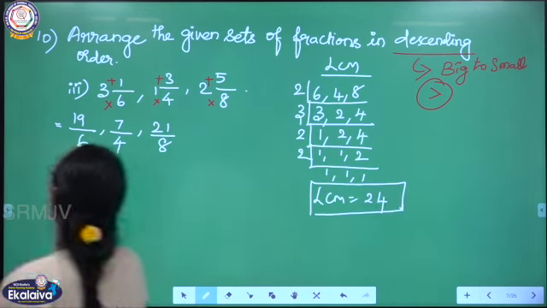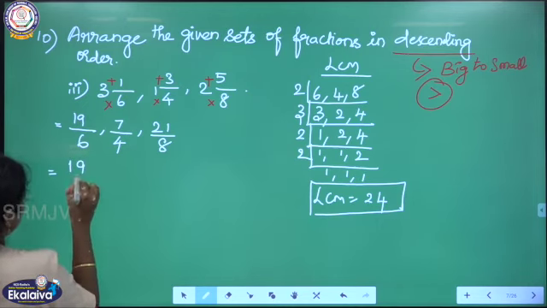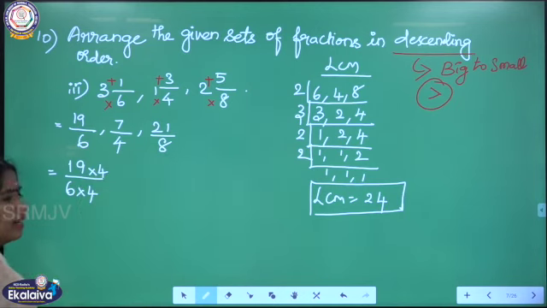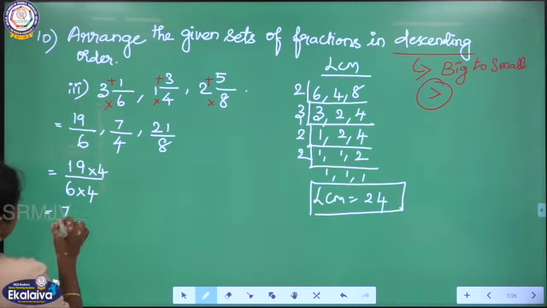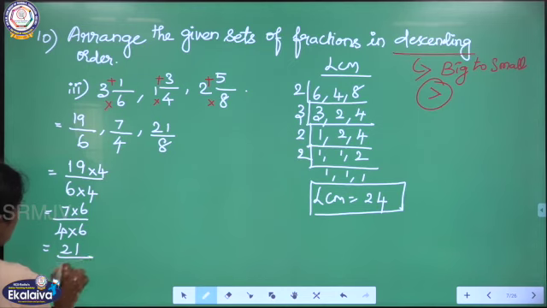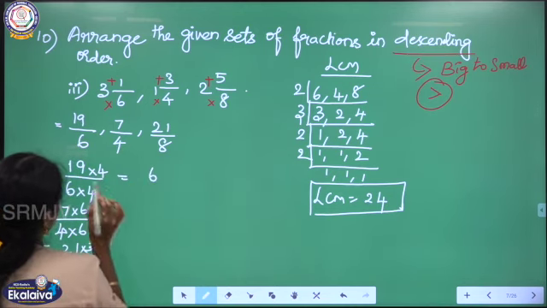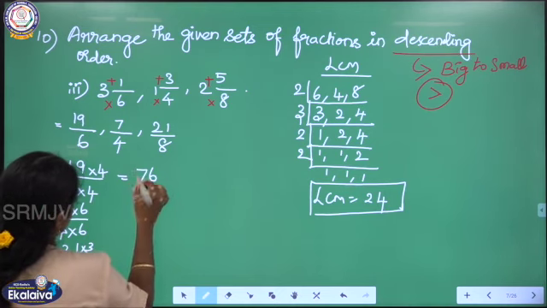Now listen, 19 by 6 is there. 6 4s are 24. So denominator as well as numerator into 4. 4 9s are 36, 3. 4 1s are 4. 4 plus 3 is 7.